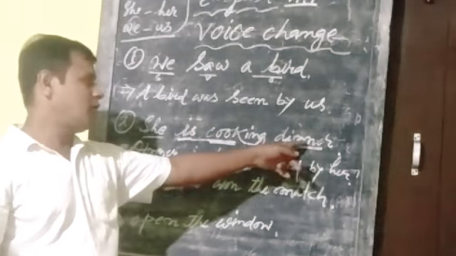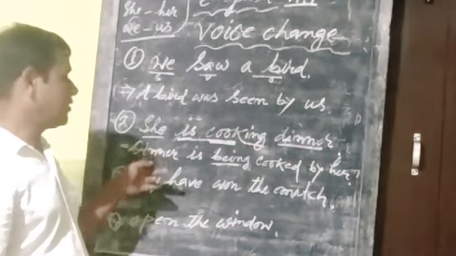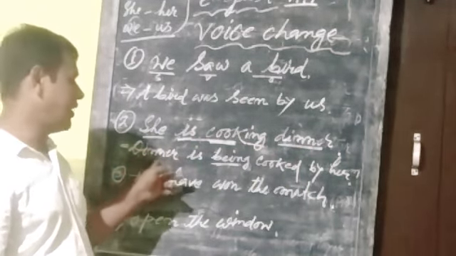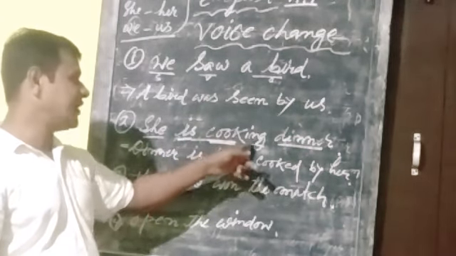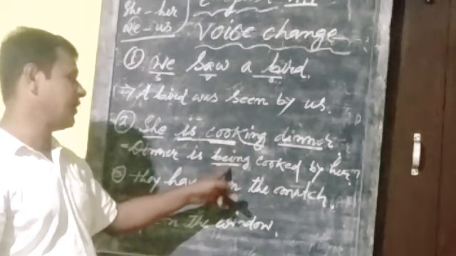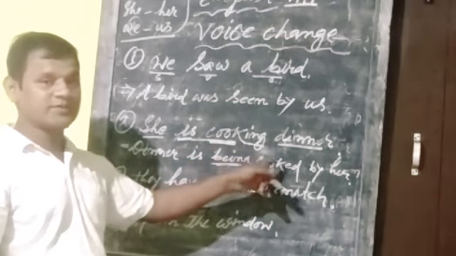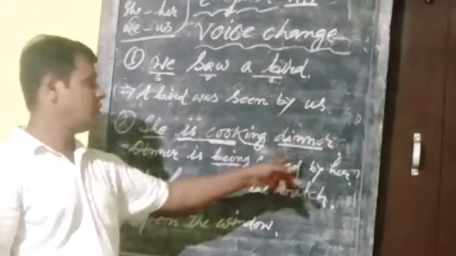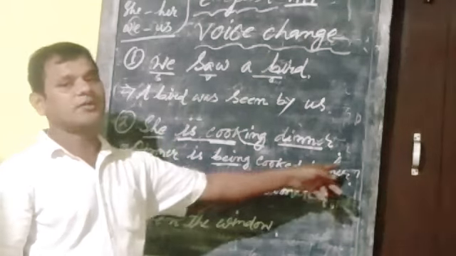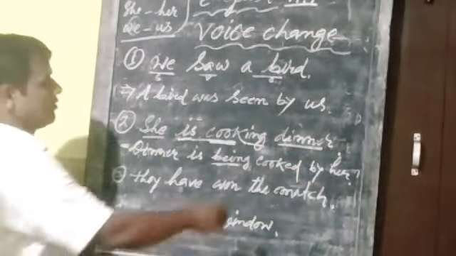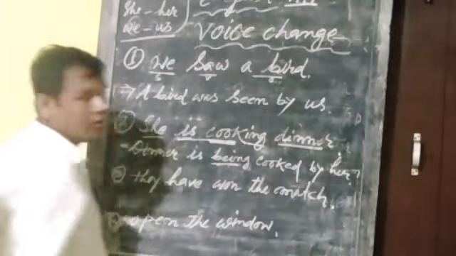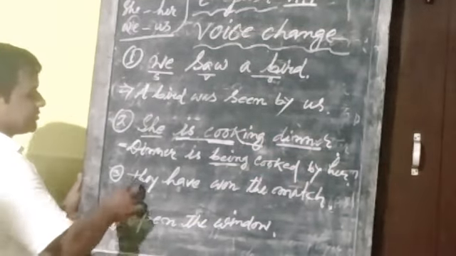First of all, object came in place of subject, dinner. Next, auxiliary verb: if ing is added with verb, then you write being. Now third form of verb is cooked. Then by preposition, then subject goes in place of object.